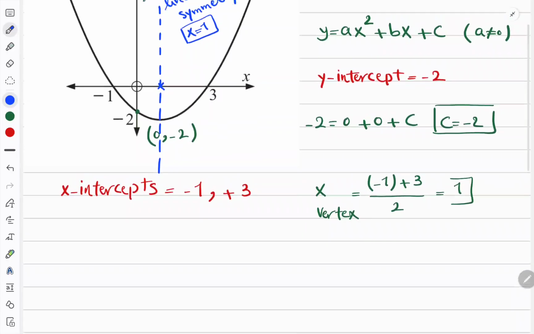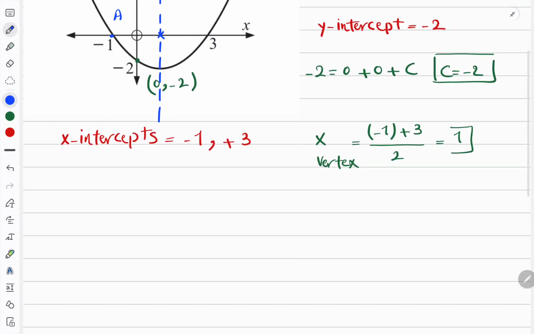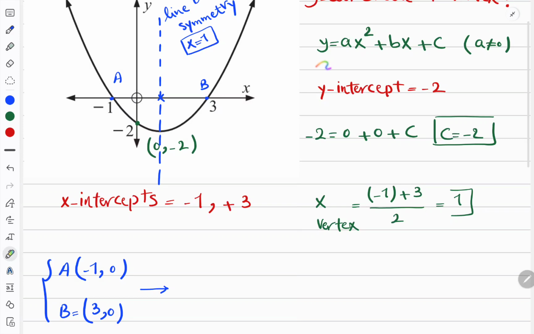So let's call this point A, and the coordinates of A is -1 and 0, and if we call this B, B is 3 and 0, and substitute into the equation, this equation.